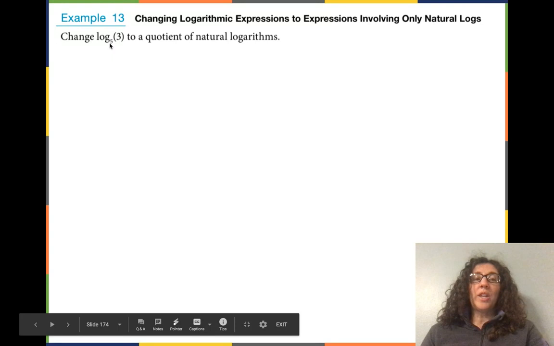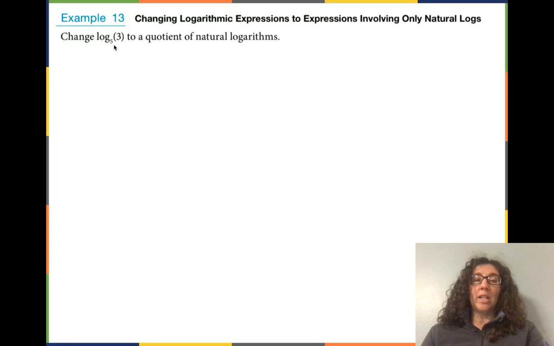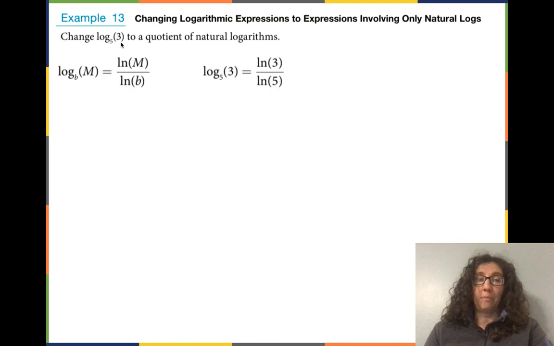All right, so here's why we'd use this. What if I said, what is log base 5 of 3? How do you solve it? I mean, we don't have a log base 5 button on our calculator, right? If we wanted a decimal approximation, we have to change this to be in terms of things we can use our calculator for.